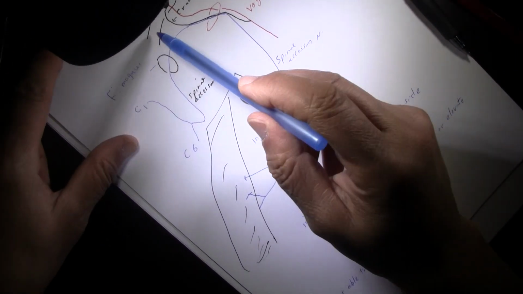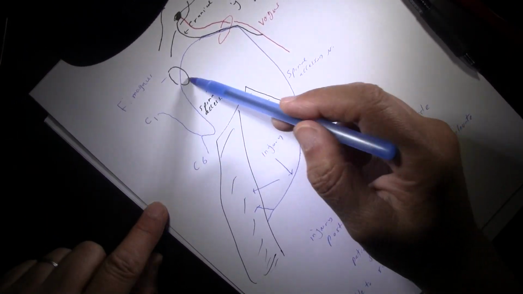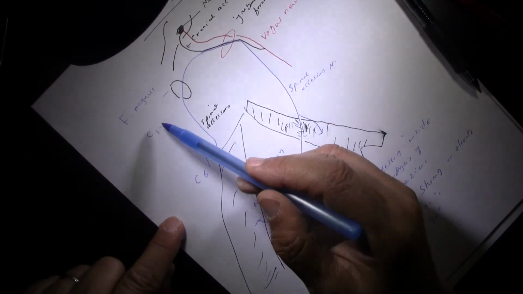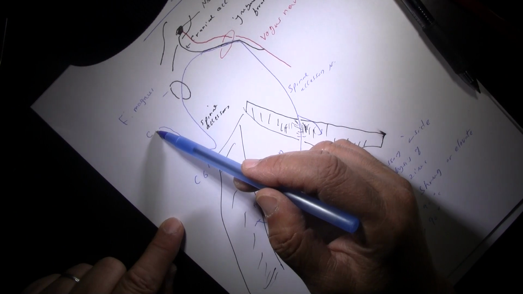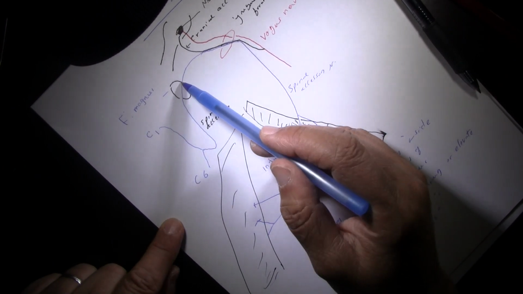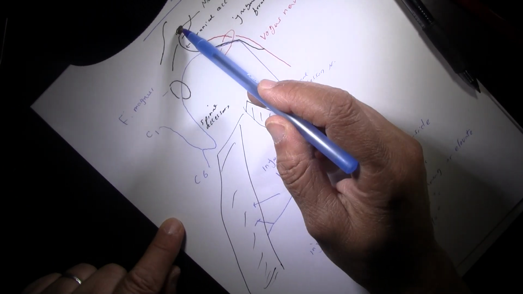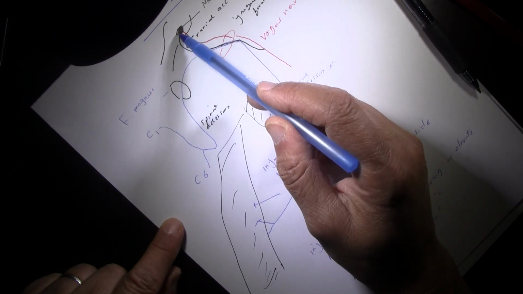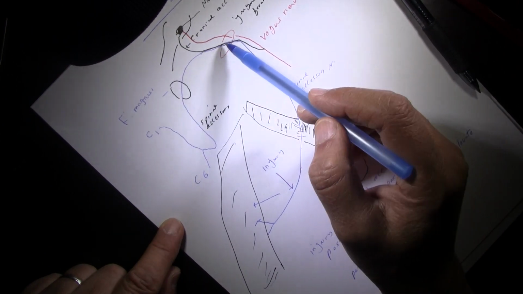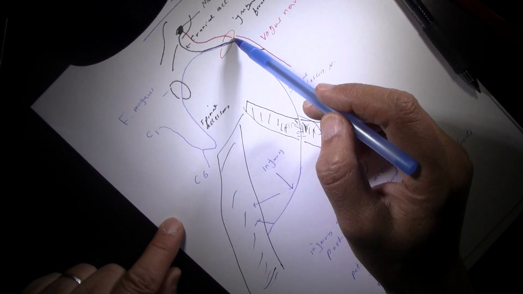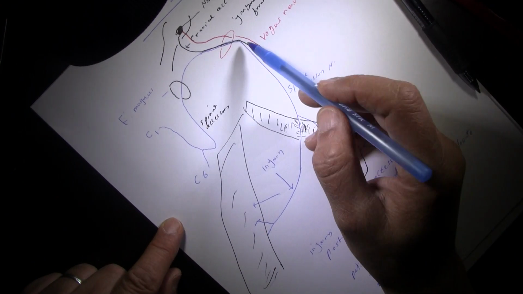Okay, a quick review. The accessory nerve has two roots. A spinal root coming from C1 to C6 ascends through the foramen magnum to the cranial cavity and is joined by the cranial root coming from nucleus ambiguus, and both travel through the jugular foramen with the vagus nerve.